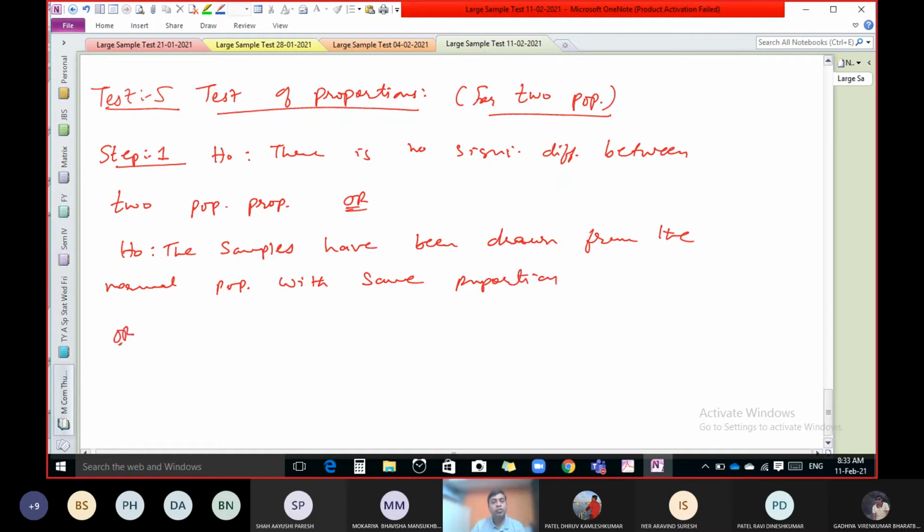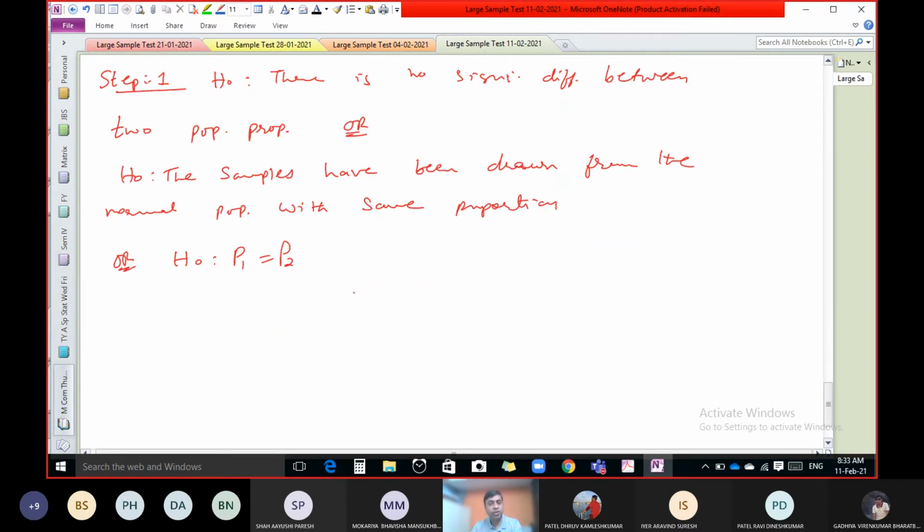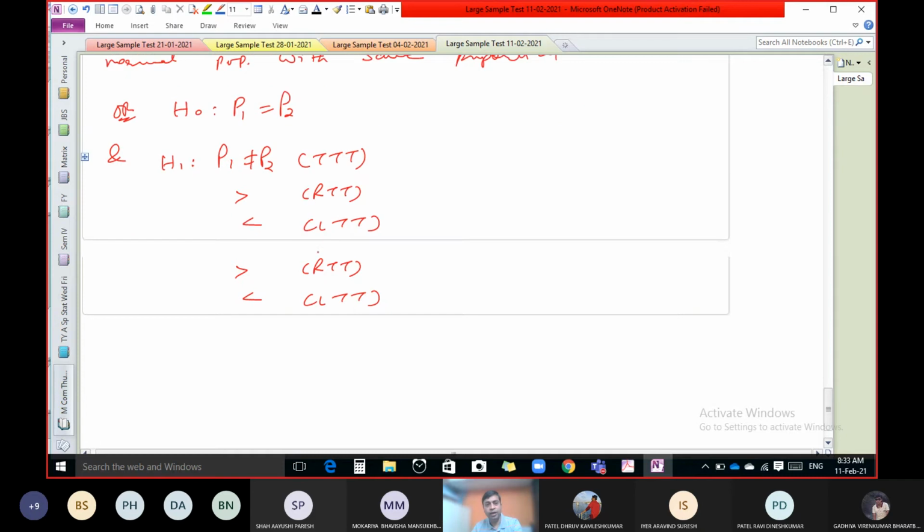Or in symbols, P1 equal to P2. P1 is the proportion of the first population, P2 the proportion of the second population, and H1 you can write P1 not equal to P2, or greater than, or less than. That means two tail test, right tail test or left tail test. It depends on the given situation and data.